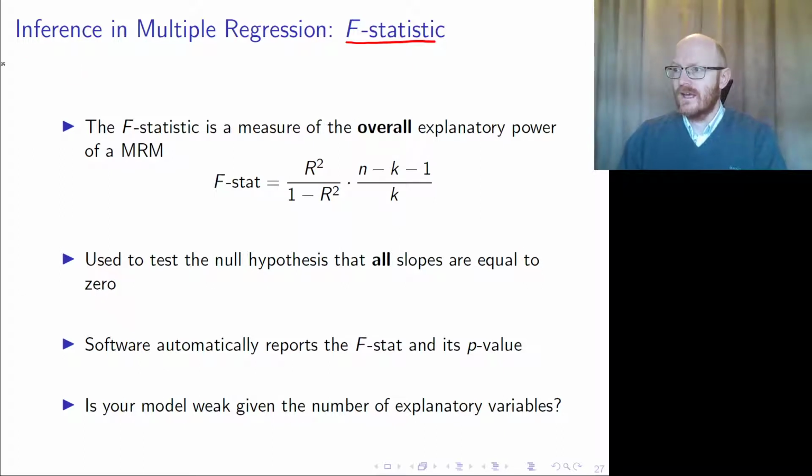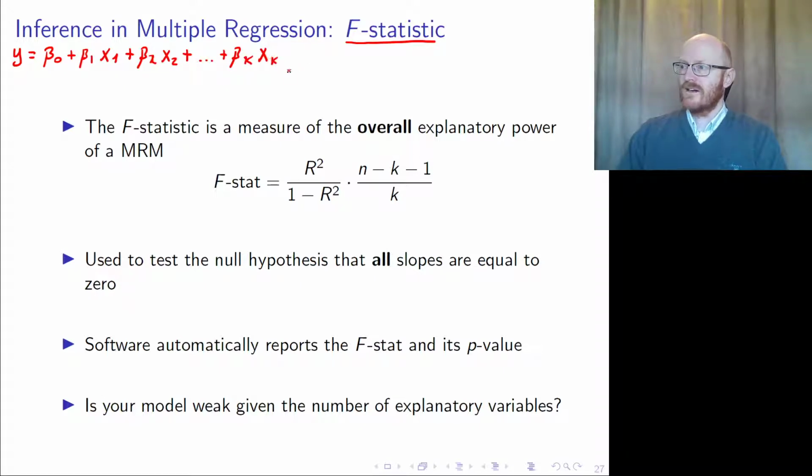So for example, you have the model, y equals the intercept, the population intercept beta naught, and beta 1 is the first slope, and then you have several slopes, beta 2 x2, and so on, because you have included k different explanatory variables.